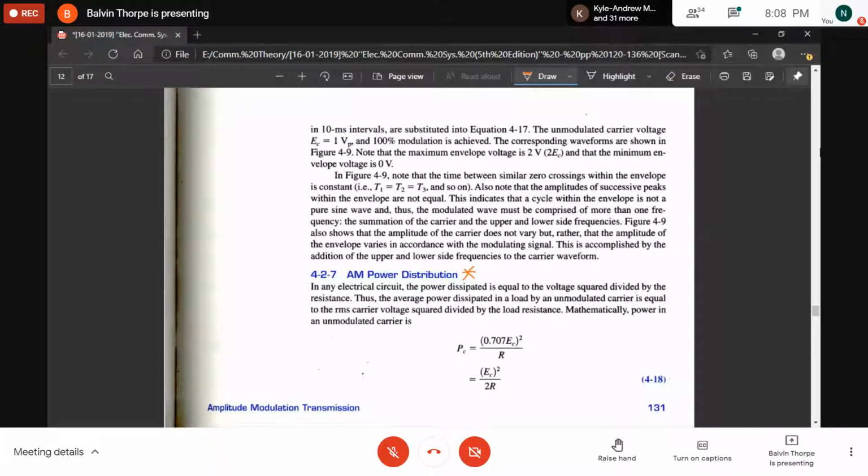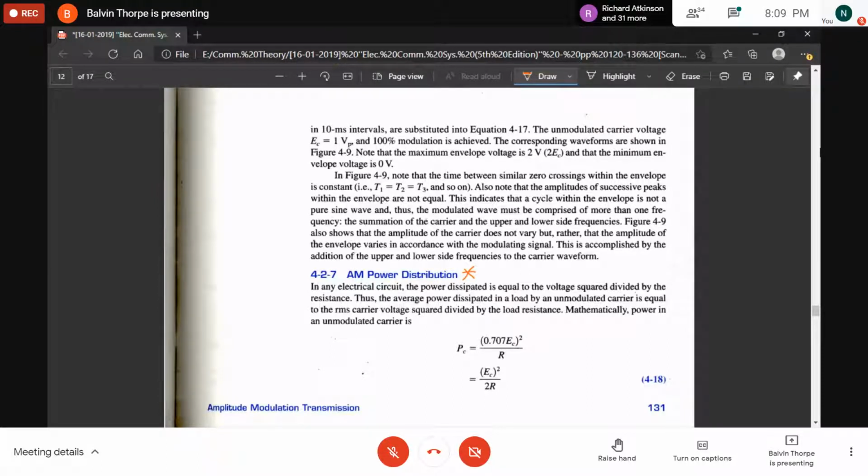Because the RMS value represents an average voltage in the AM wave. And that's why we take the RMS, which is the 0.707, to find a steady state voltage and not just a peak voltage. You remember EC will just be peak, right?